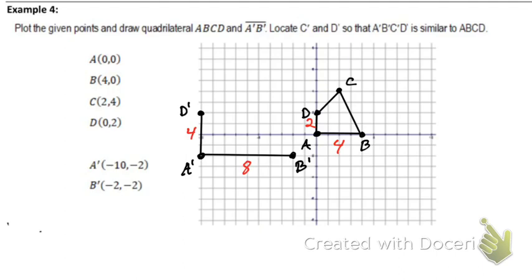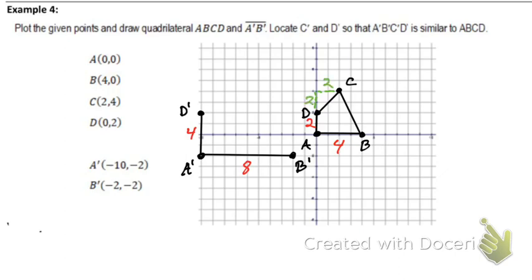It's a little more tricky when you have kind of a slant to it. But the good news is we still have rise over run. I'm going to make a little dashed line saying I'm counting up and over. To get from D to C, we go up 2, over 2.